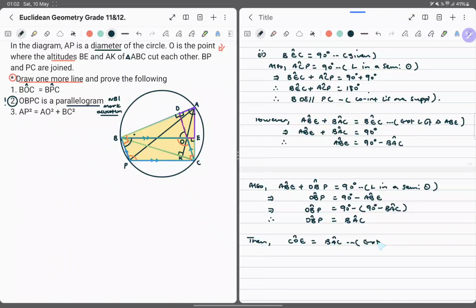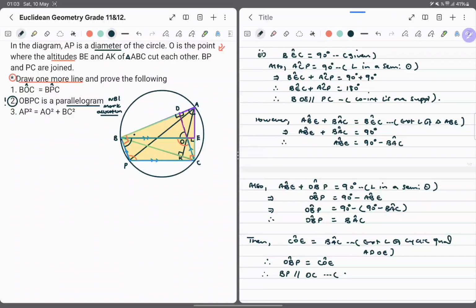What is this? This is the exterior angle of the cyclic quad, the one that we got, ADOE. So what do we see now? We can make a conclusion that therefore OBP is equal to COE. Therefore, we can conclude BP must be parallel to OC, or CO.